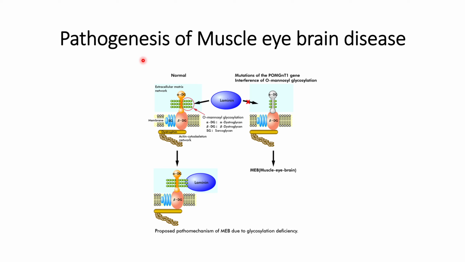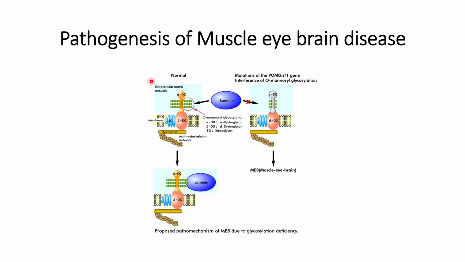The symptoms observed in this kind of disease are that people have weak muscles, and the brain is also not functioning normally. This slide condenses some of the studies that have been done on muscle eye brain disease.